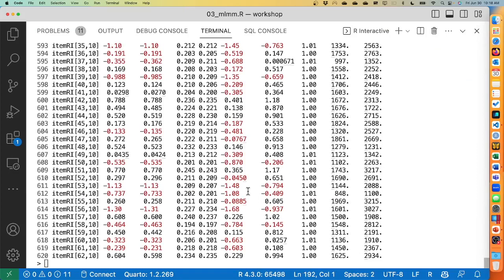The school is the first index, the second index is the item. So this is like the random intercept for each school for item 10 and so forth. That's what's being correlated that gives you those correlation values. And those are on the logit scale, so the correlation of logits is what we're getting here.